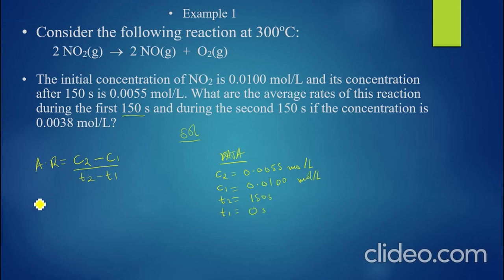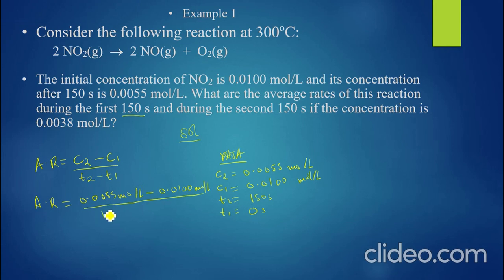Then you just have to substitute now. Average rate is equal to, what's our C2? That's 0.0055 mole per liter minus 0.0100 mole per liter, over, what's our T2?